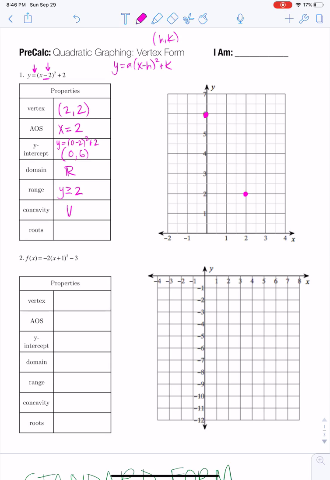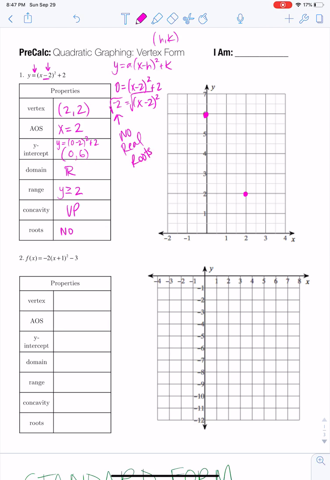My concavity is up and my range is y values greater than or equal to 2, so I know that there are no roots. I can also solve for those roots algebraically by saying 0 is equal to (x minus 2) squared plus 2. Subtract 2 from both sides and take the square root of both sides. Taking the square root of this negative number tells me that I have no real roots.